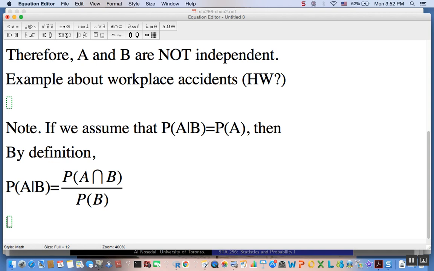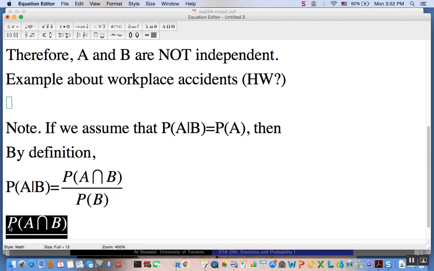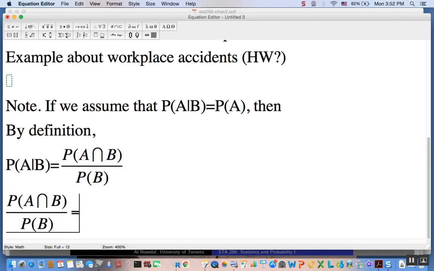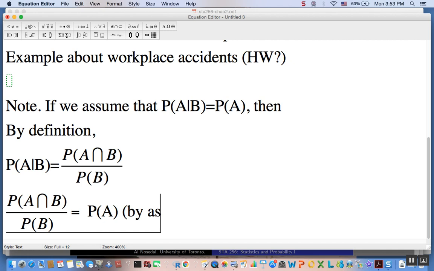Now, since by assumption the probability of A given B equals the probability of A, this expression equals probability of A. And that's just by assumption.